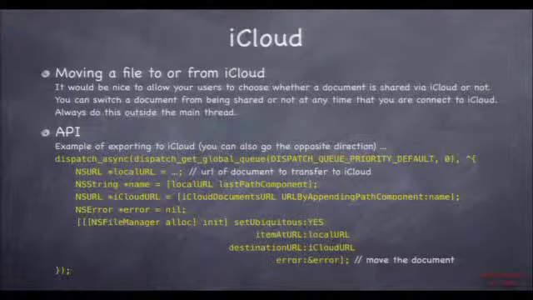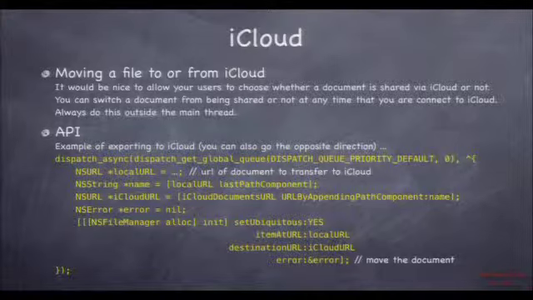So you're used to doing dispatch async, and I'm going to introduce today a new way of doing dispatch async, which is instead of creating a queue and dispatching to it, you can ask the system, just give me any old queue with a certain priority. Okay? And it'll give you a queue. And you don't have to release that queue. It's kind of a shared global queue. It's still a serial queue.